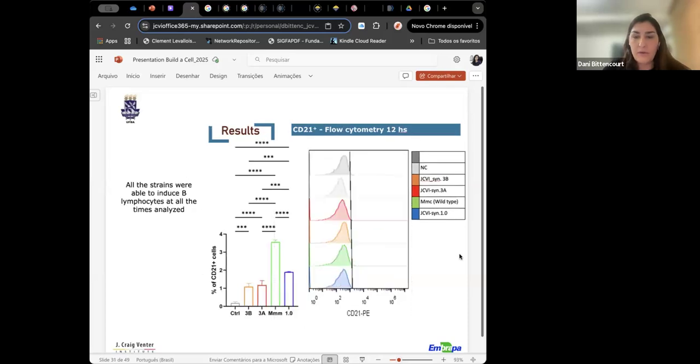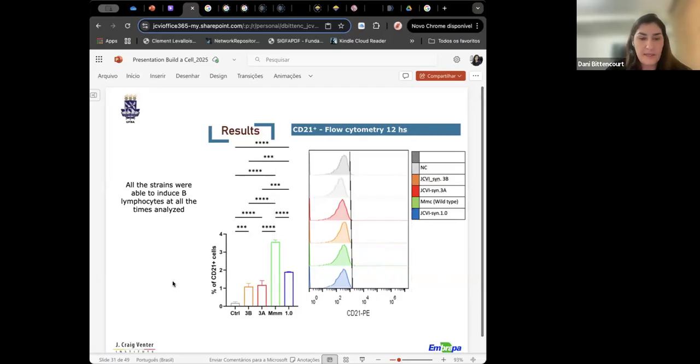Afterwards, we also checked for CD21. It's another receptor, expressed mainly in B lymphocytes, and it plays a role in activating the B cells by binding to complement fragments. It's important for the adaptive immune system.